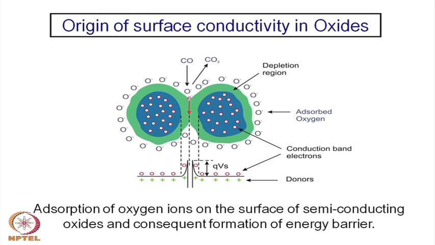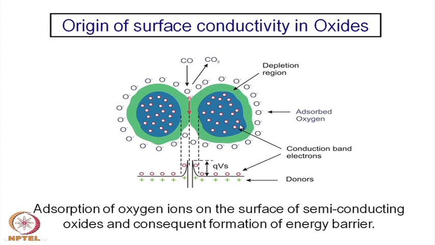So, you have a large number of electrons or holes available in the structure, and all these materials have an inherent property to adsorb some ionic species, particularly oxygen. As you can see here, these are two different grains of a ceramic material. Basically, it is a semiconducting material.